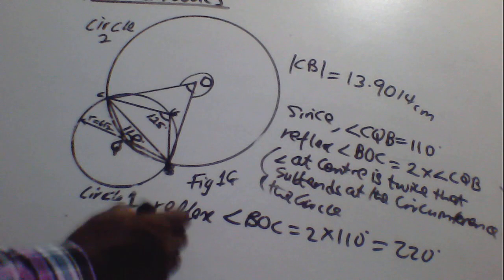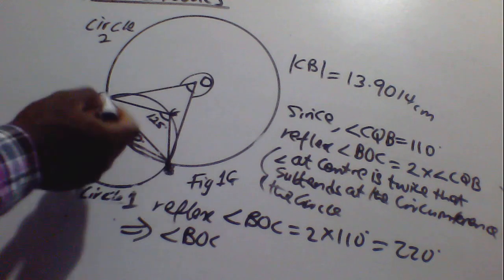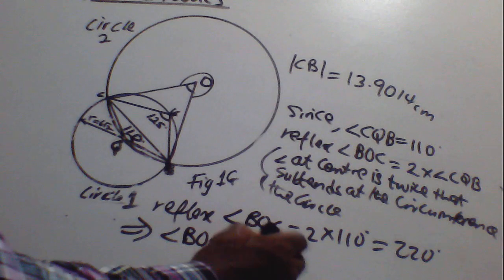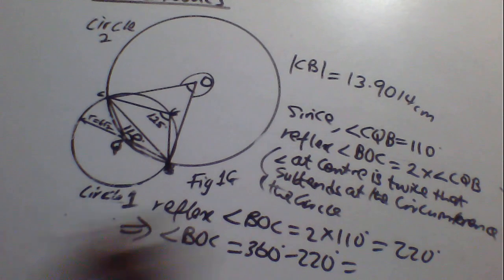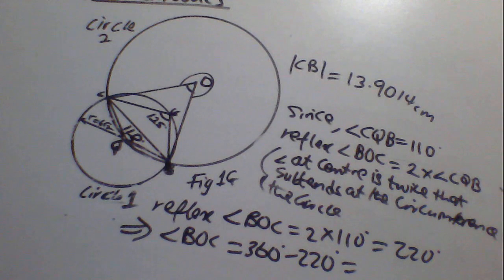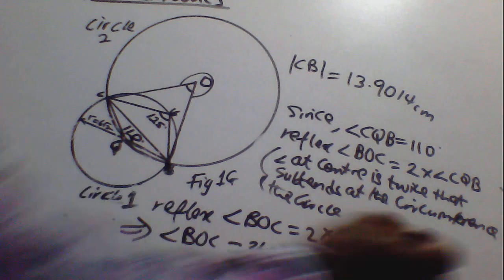This implies that angle BOC, the internal one, is equal to 360 minus 220, and that gives us what? Do the subtraction. You have 140 degrees.